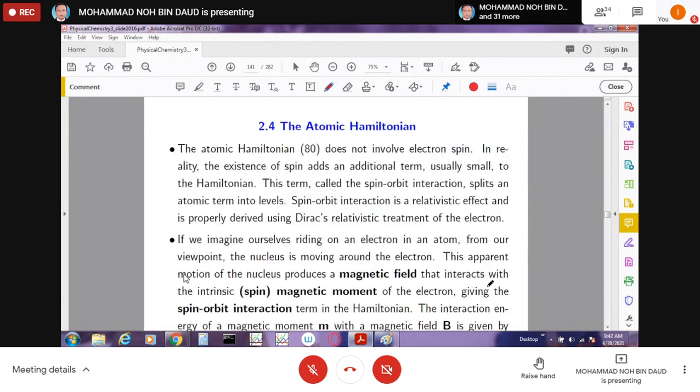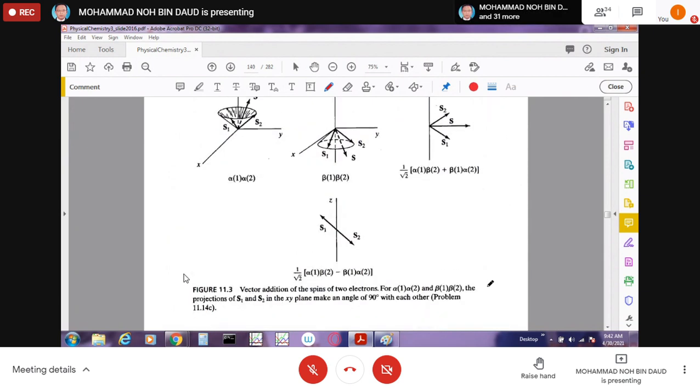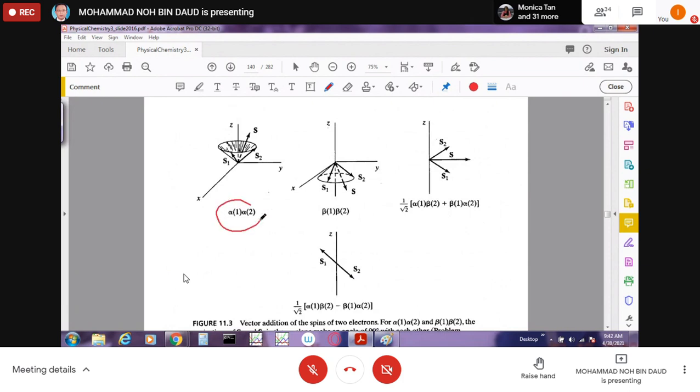So this is the vector. Okay, to represent this, alpha alpha, beta beta. Okay, these two vectors, this is the net vector. And also you can draw differently like this one.